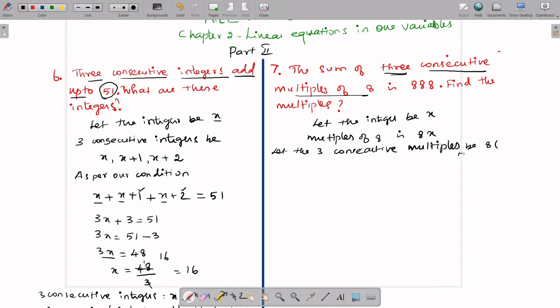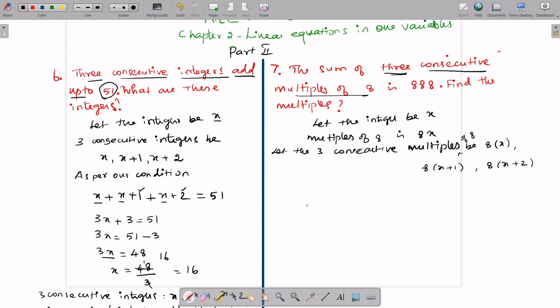We have to consider 8 into x, 8 into x plus 1, and 8 into x plus 2, consecutive multiples we are taking. So the three integers are.